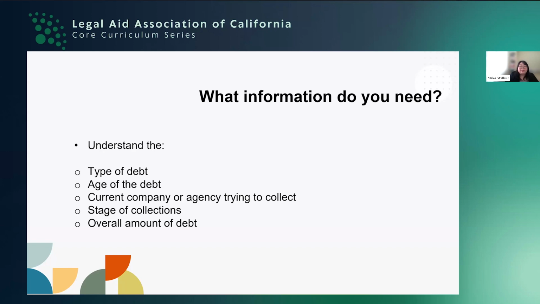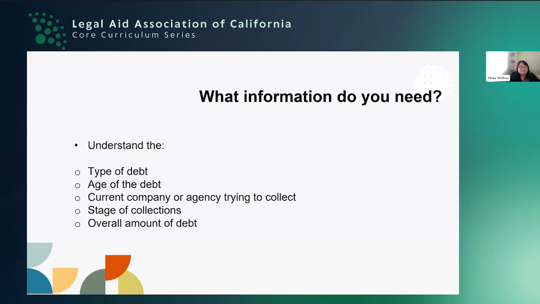Also with medical debt, we talked about some additional protections. Student loans sometimes have a different statute of limitations. You may be stuck with a 6-year statute of limitations because they consider it a promissory note. So it's really important to look at the type of the debt.